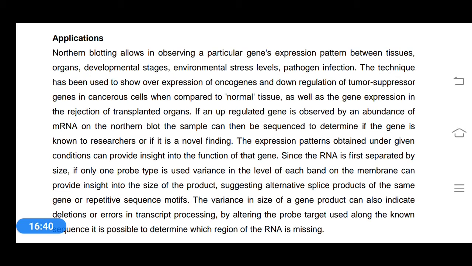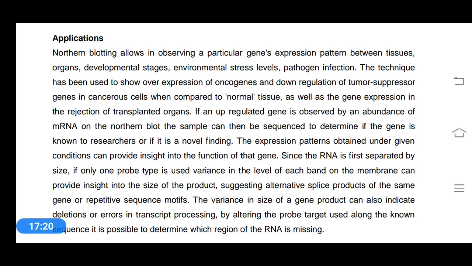The gene expression in these rejected transplanted organs can also be studied using northern blotting. And a regulated gene is observed by the abundance of mRNA on the northern blot, and the sample can then be sequenced to determine if the gene is known to research or is a novel finding.